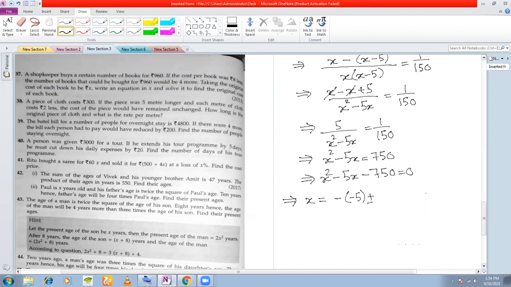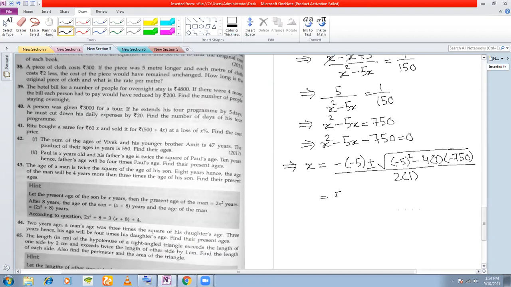x equals minus b plus or minus square root of b square minus 4 into a into c, divided by 2 into a. This gives you 5 plus or minus square root of 25 plus 3000, since minus and minus combine to give you both plus.